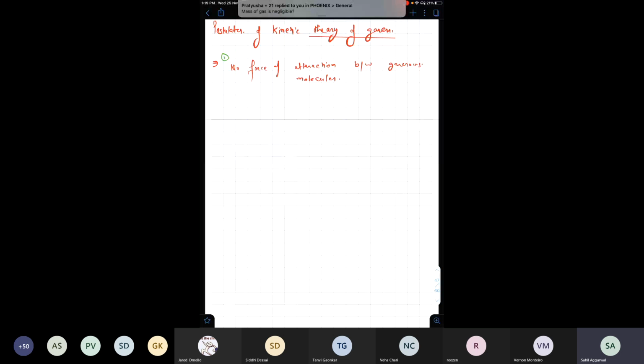How can mass be negligible? That too negligible with respect to the volume of container.